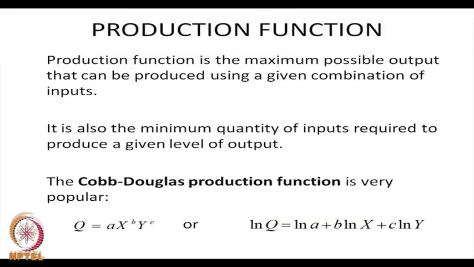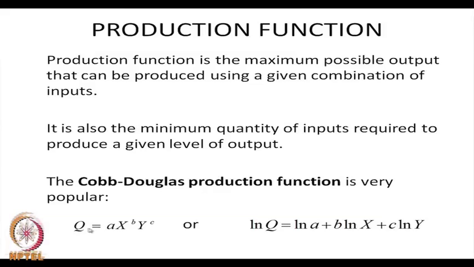A very popular production function is the Cobb-Douglas production function. It is basically a power function that defines the quantity produced Q as a function of, in this case, two inputs x and y.